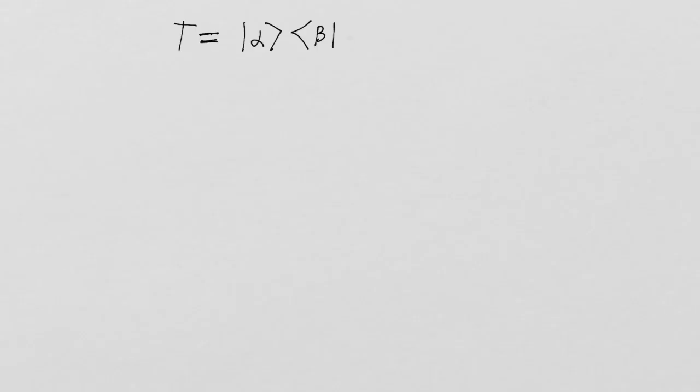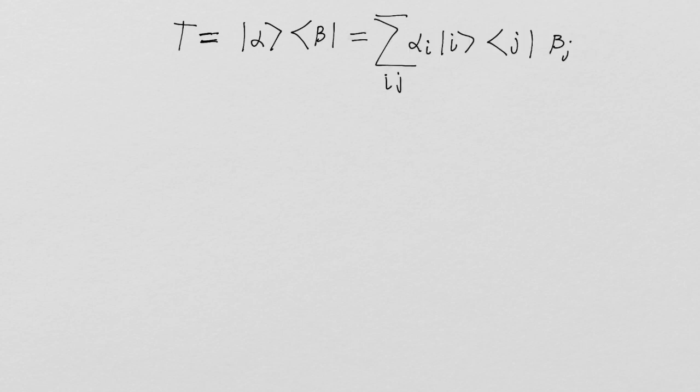All right, now let's consider an operator T that is one of these outer products. I think we're eventually going to show that all operators can be expressed as an outer product, but we haven't done that yet, so let's just assume that this one is. Well, we can immediately blow up the states A and B, right? A ket and a bra can be decomposed into the basis kets and the basis bras.